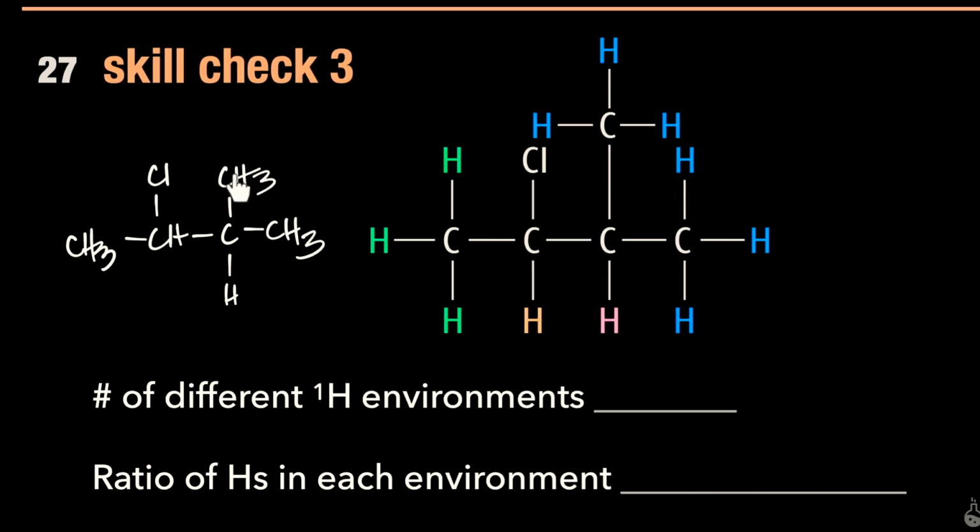That tells me that these two CH3s are the same. This is different from this CH3 because there is no symmetry. So this is different, that's 3, then 1. This is one environment, second environment, third and fourth. So how many different environments? 4. And the ratio would be 1:1:1:6 or 6:1. Whichever order, I don't care about the order, but you guys got the ratio right.